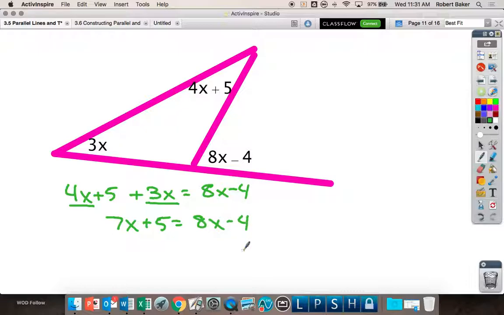And now we're stuck with an algebraic expression. I would recommend subtracting 7x's from both sides. And x equals 9. Add 4 to both sides.